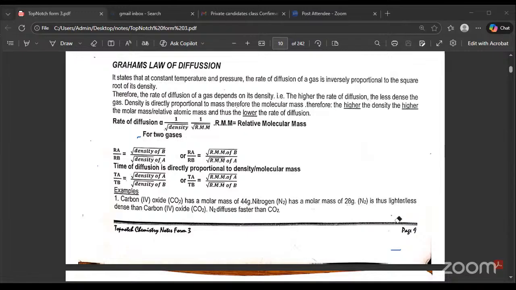So nitrogen is lighter, or we say it is less dense than carbon dioxide. So because it is lighter, automatically the rate of diffusion of nitrogen is higher than that of CO2 because of the weight issue. And when you talk about the weight issues, that is the mass.